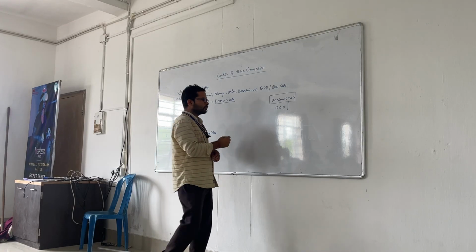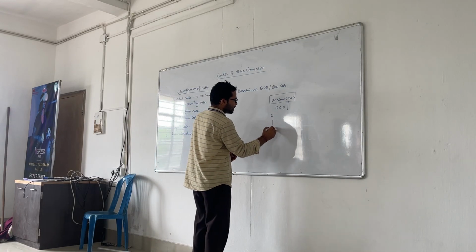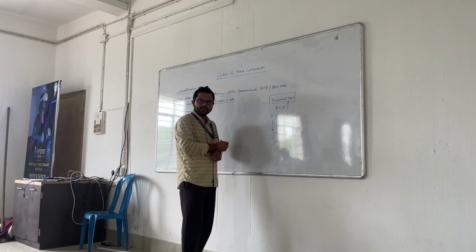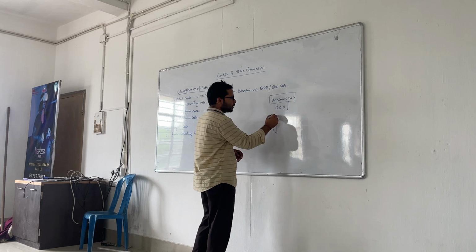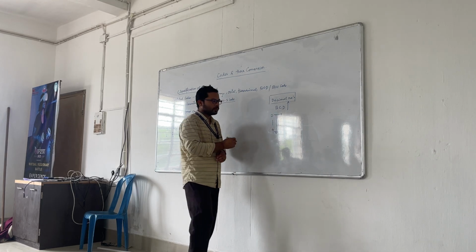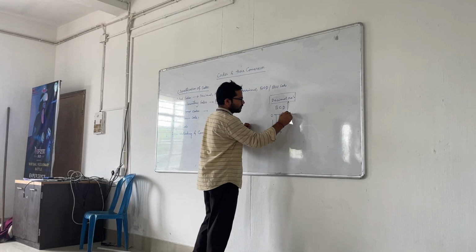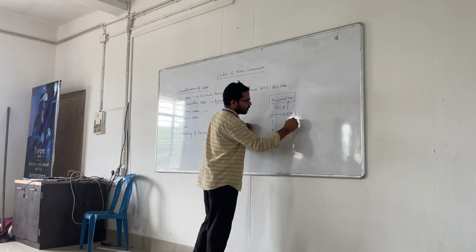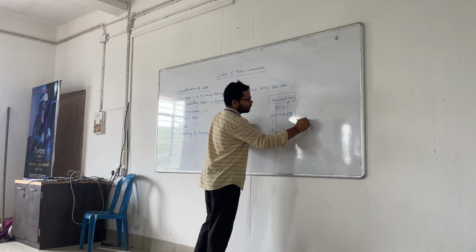For example, if you are representing 0 to 9, you have to represent all these with the help of 4 bits, and they are all valid BCD numbers.